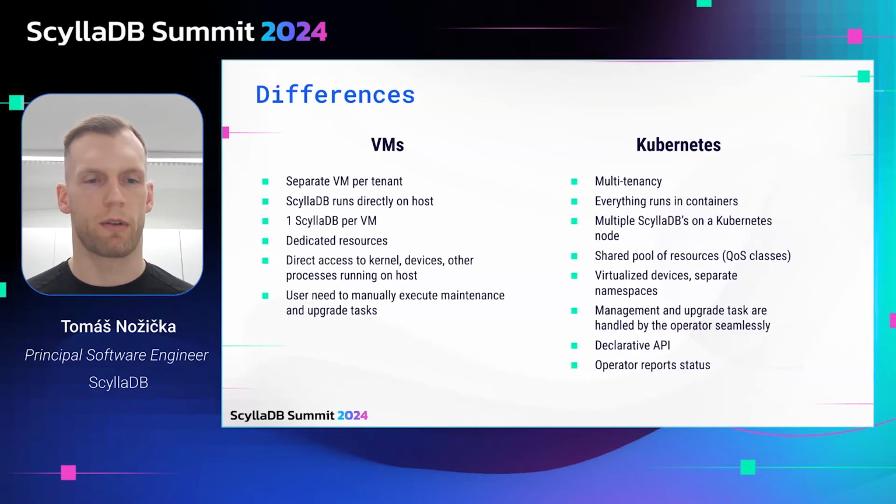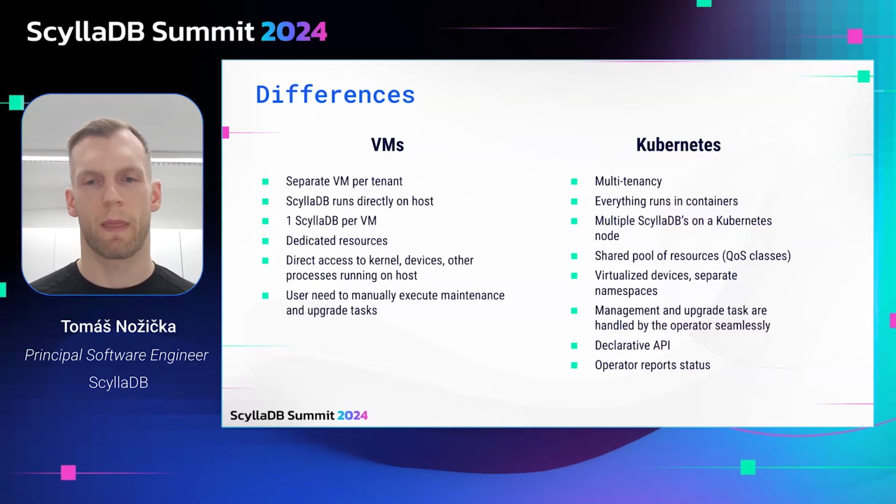It has dedicated resources, it has direct access to the kernel, to other devices like disks, and other processes on the host. When it comes to maintenance or upgrade tasks, everything is left to the administrator and he has to do it manually and follow the documentation. Sometimes that takes a while.